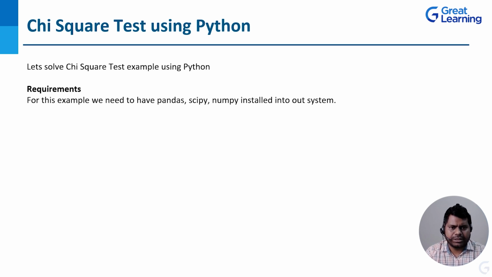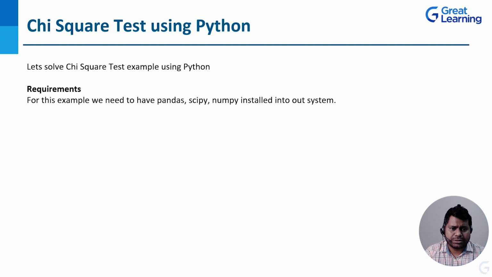In this section, we will be solving the chi-square test using the Python programming language. I would highly recommend you go through the GLA course, where you can find videos related to Python programming language, Anaconda, and Jupyter Notebook. For this exercise, we will be using the Anaconda environment and Jupyter Notebook.